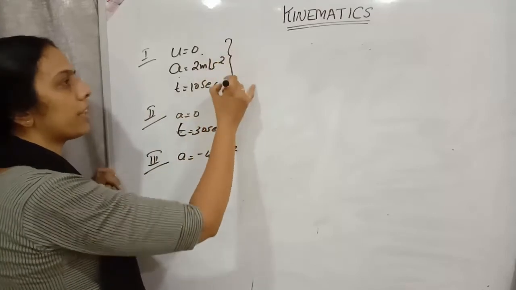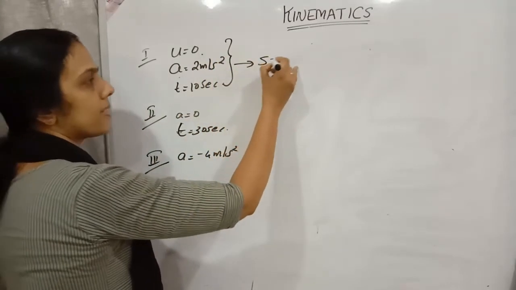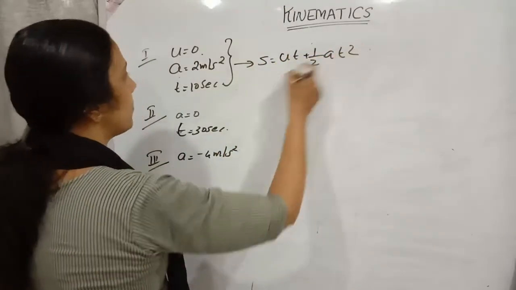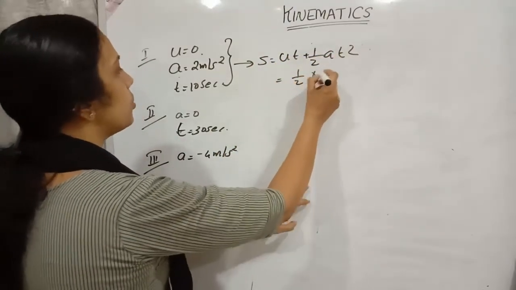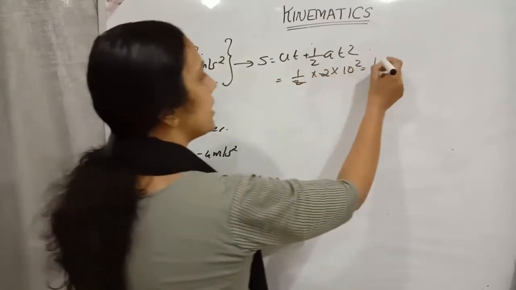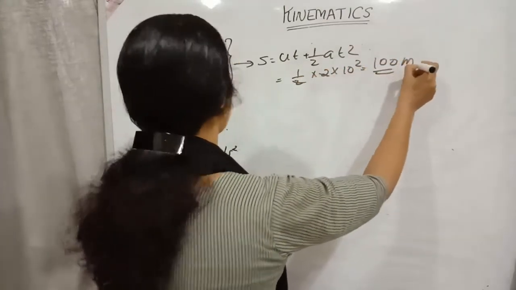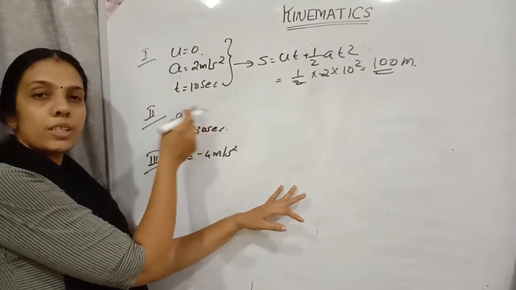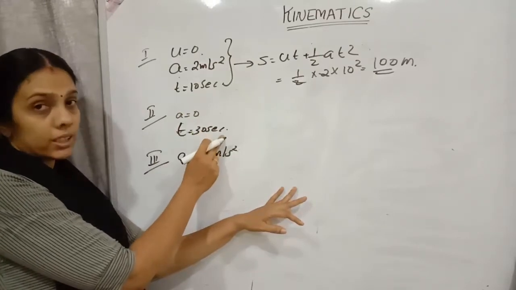First we will find the distance traveled over here. S is equal to ut plus half at square. Using this equation, we get half into 2 into 10 square, so here it is 100 meters. Now what is the final velocity over here? With that final velocity it will be moving for 30 seconds, right?